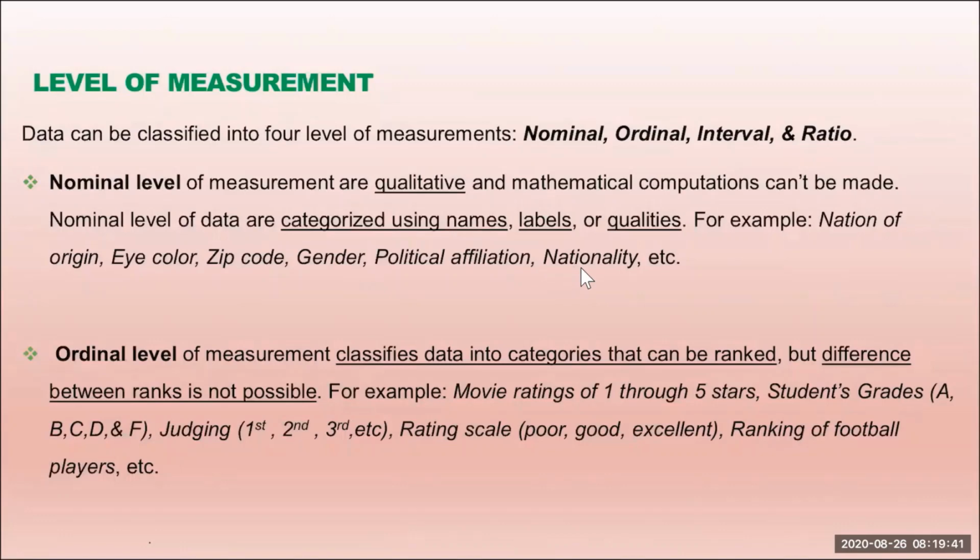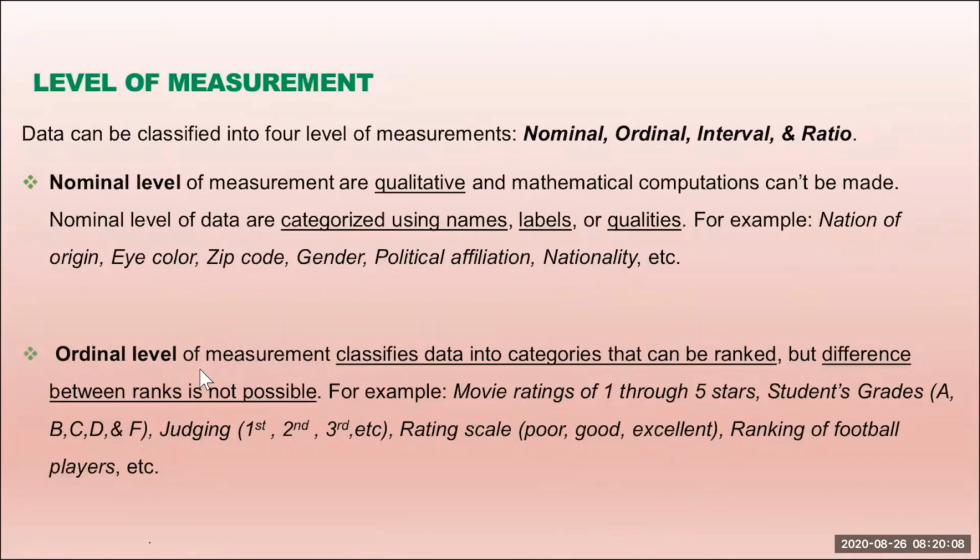Nationality, what is your nationality? When I ask for that, that is also nominal. You are not giving any pure number. So when we say nominal level of measurement, even if the data contains numbers, these are not pure numbers. So the nominal levels of measurement are purely qualitative or categorical. So categorical data, they fall here. That is the first one, nominal.